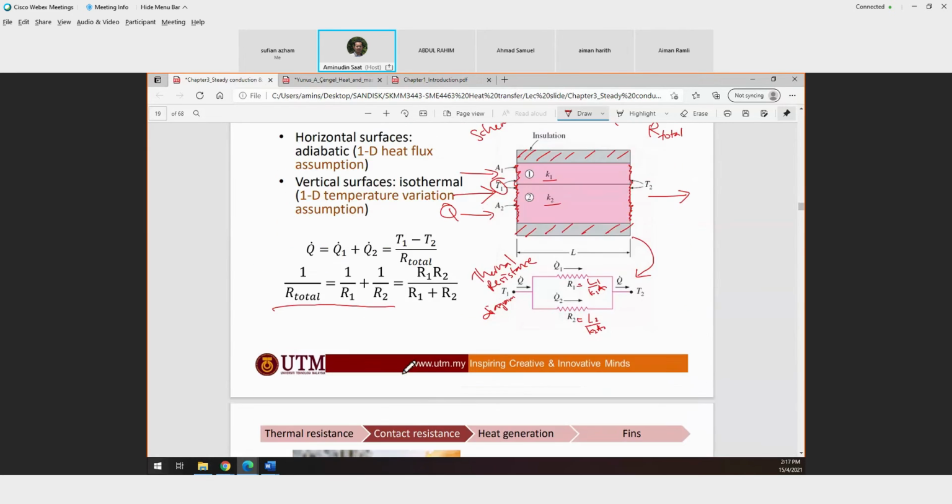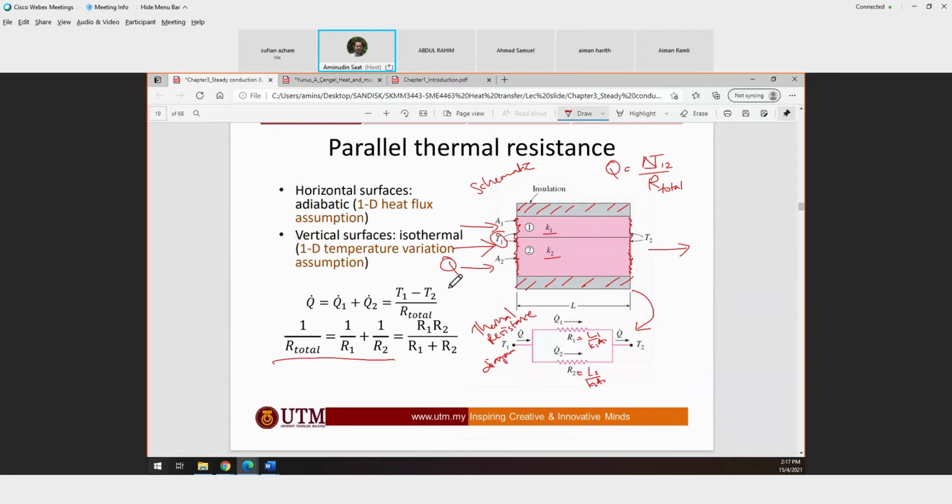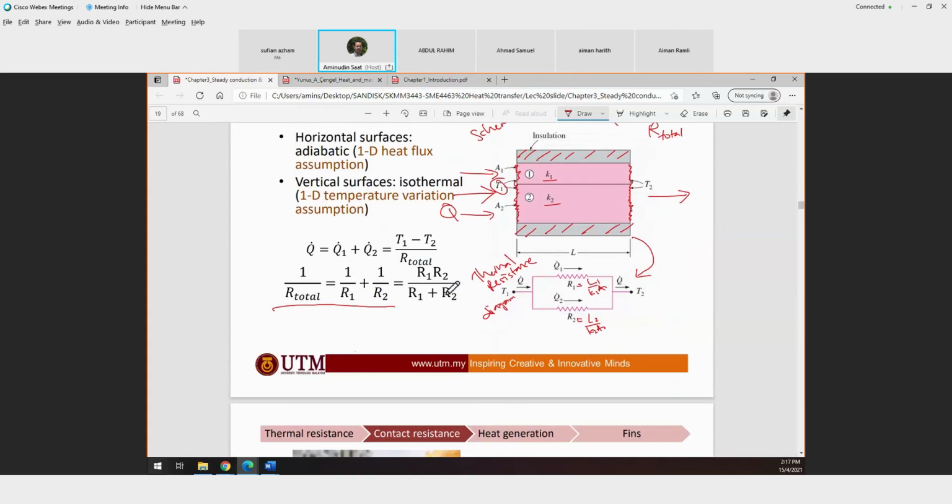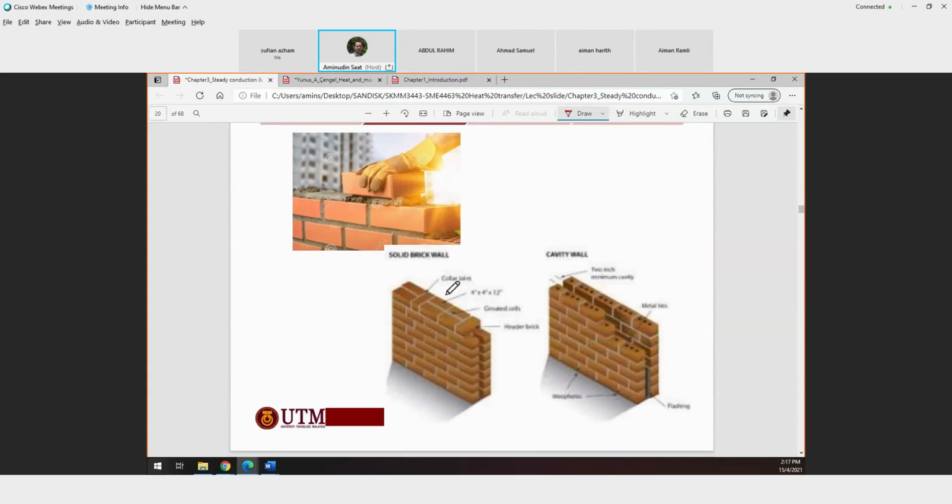So you might be thinking, where is the parallel application in heat transfer? I think you know this kind of system. Of course, our wall consists of a brick wall and cement composition.